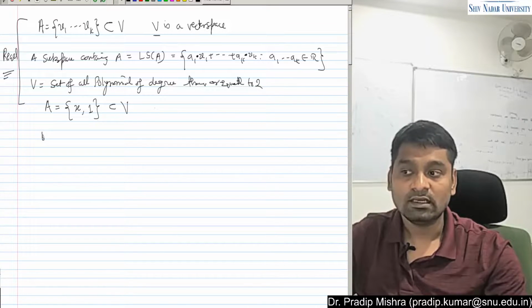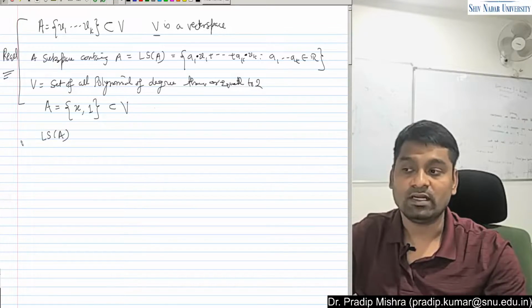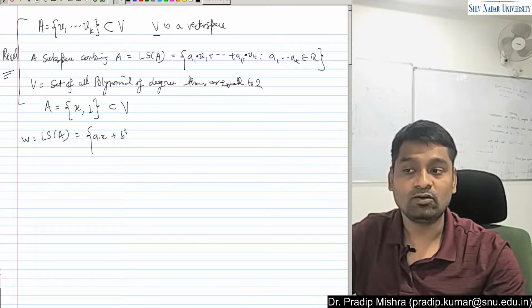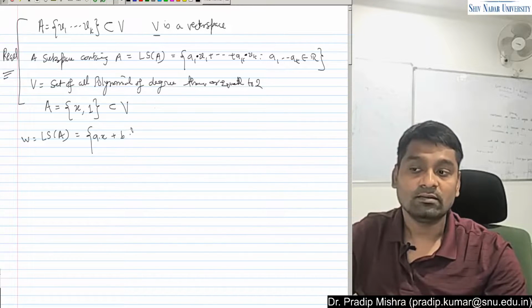I want a subspace containing A. So LS(A) = W = {a x + b·1, that is equal to a x + b, such that a and b belong to R}.